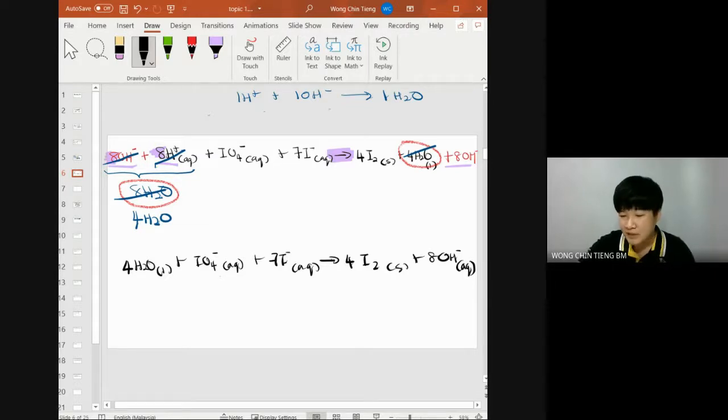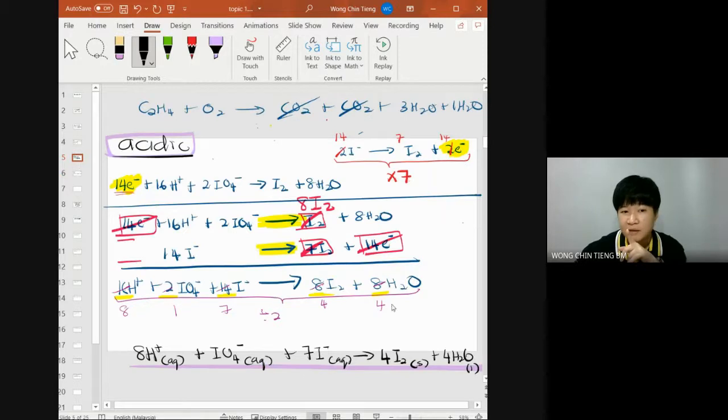Okay? And why I say final answer straight away? Sebab dah tak perlu simplify. Cara saya adalah, dia akan tinggal step 8 je. Step 9 most likely takkan wujud dah. Kenapa takkan wujud dah? We are taking the simplified acidic equation. Teacher buat simplified kat sini. Remember? Kita buat simplified kat sini tadi.